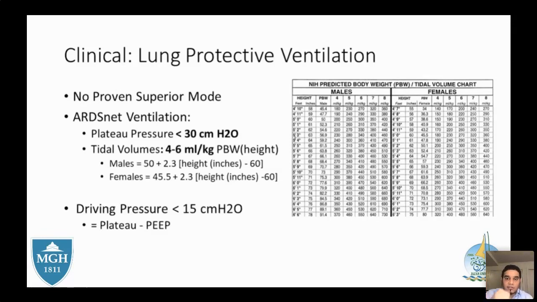You take the plateau pressure minus the PEEP, and the difference is exactly the driving pressure. That's something you should also target every day when you see a patient in the ICU with acute respiratory distress syndrome. This is what lung protective ventilation is all about.